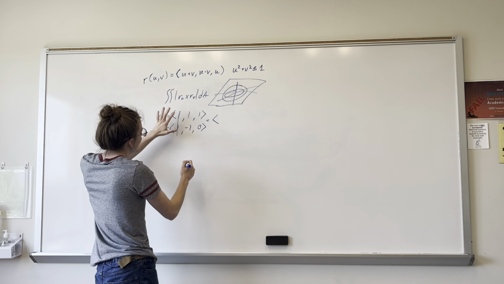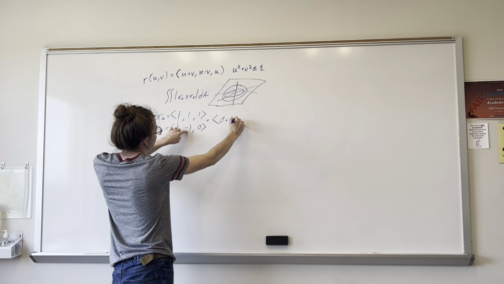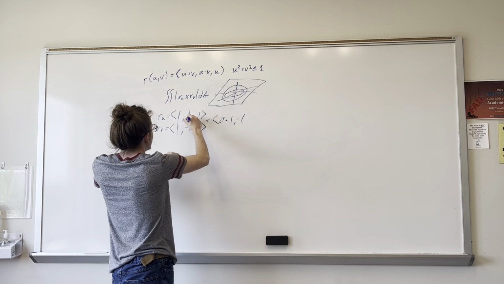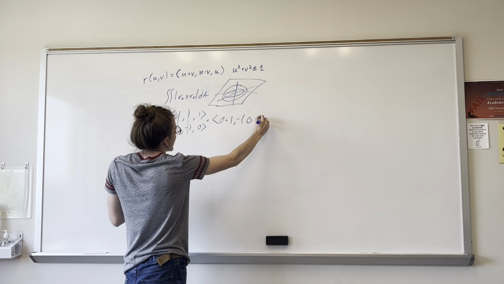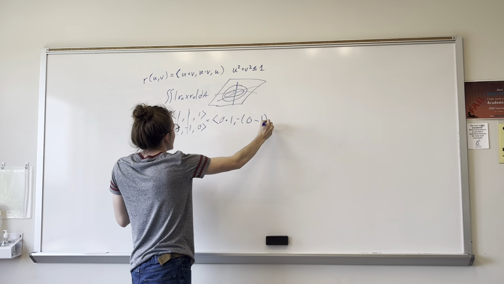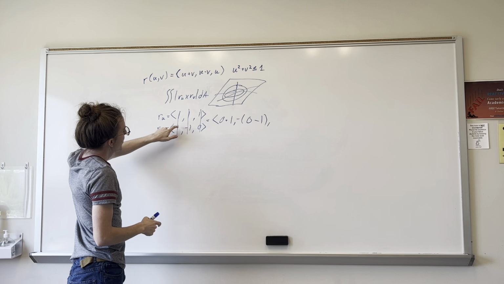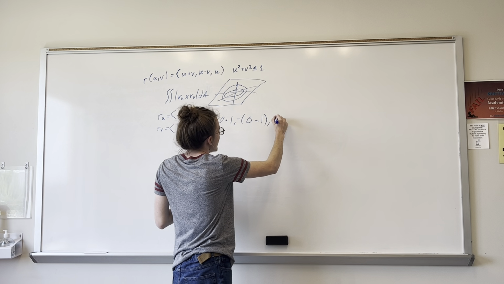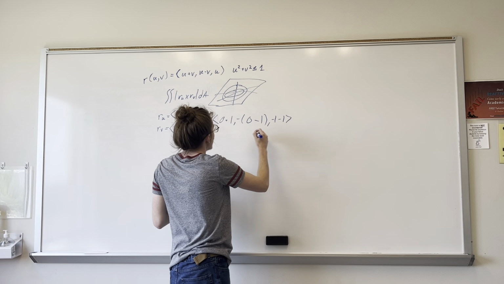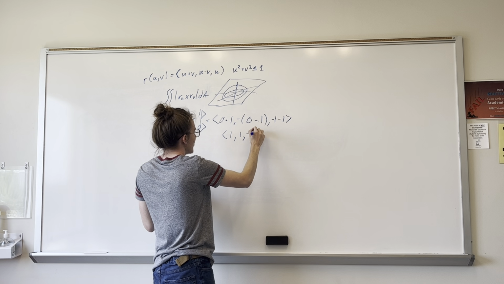So 1 times 0, minus 1, and then 0, minus 1, and that'll be negative 1, and it will be subtracted by 1, so it'd be negative minus 1. So if we simplify, that gives us 1, 1, negative 2.